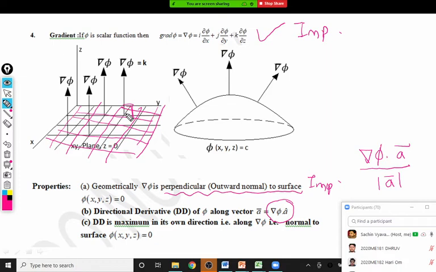Suppose this curved surface is again a heated surface. Then also the maximum change in temperature, provided the surface represents temperature, is in the direction of del T. This is the maximum change in temperature there. Okay, is that clear?